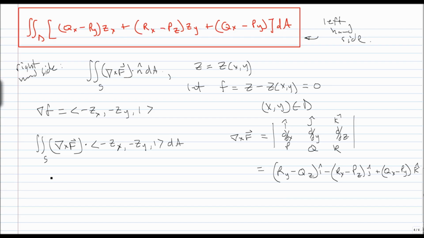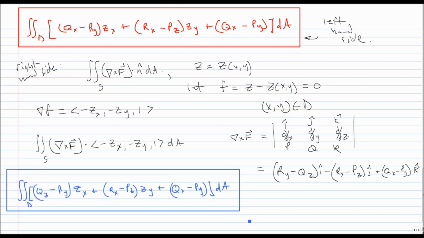Now when I compute this dot product, it's going to be over the domain, because x and y are on this domain. Well, what do I have here? I multiplied this x component by this guy, this y component by that guy, and the z component by 1 here. I'm sure you can already see that it's going to equal that, but I'll write it out just to show you. And there you have it.